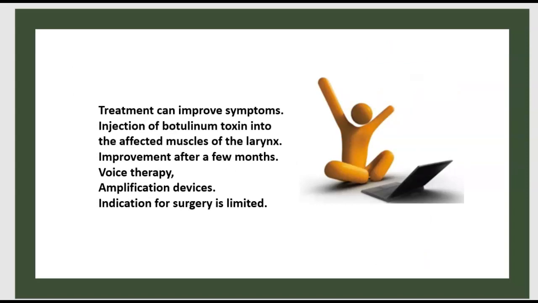Treatment can improve symptoms. Injection of botulinum toxin into the affected muscle of the larynx gives improvement after a few months. We can use voice therapy, amplification devices, and sometimes surgery, but its indication is limited.